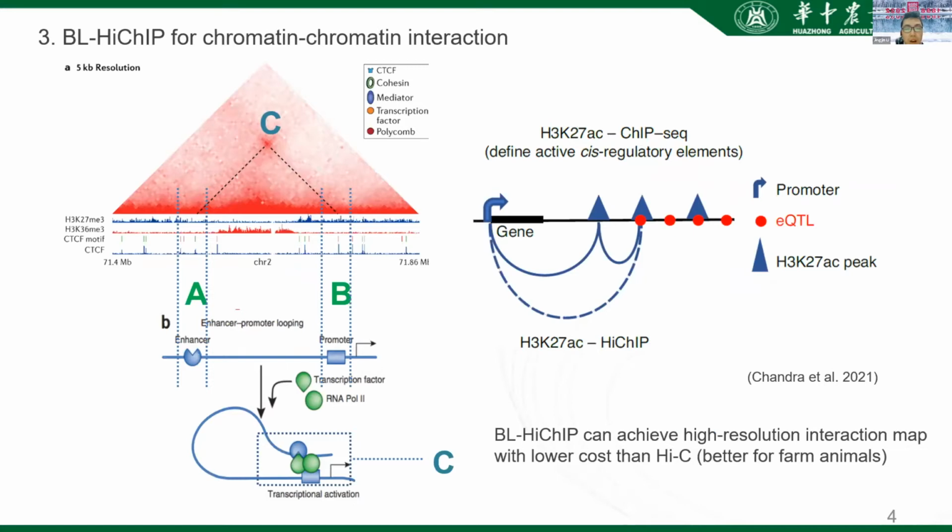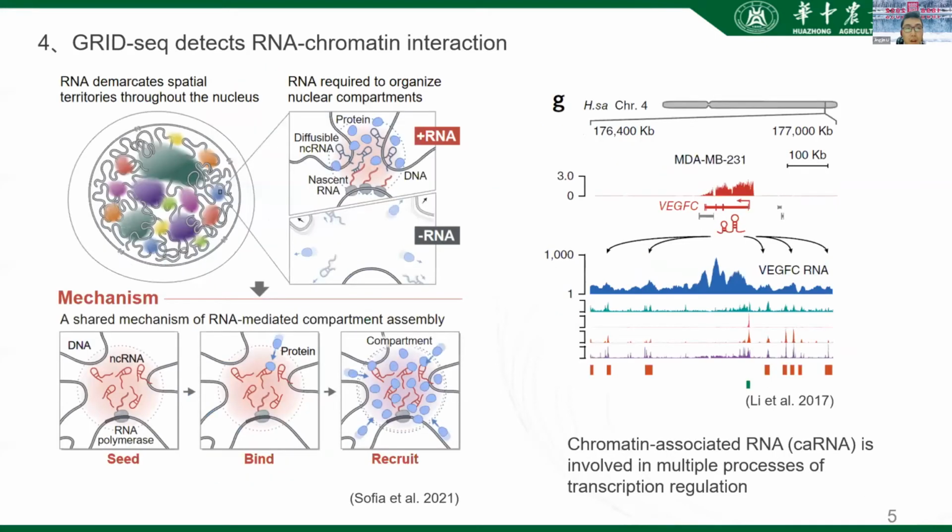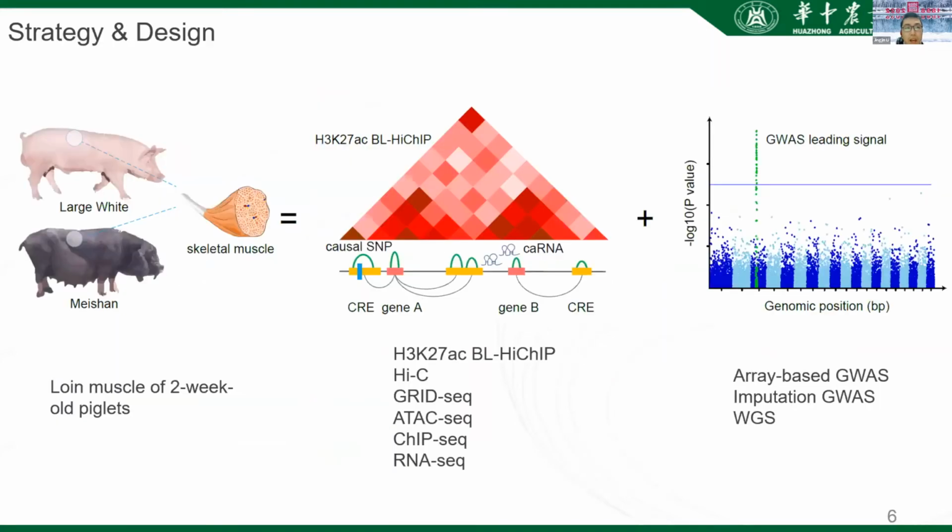Here we choose EL-HiChIP to achieve this goal because through the enriched strategy, we can get a high resolution and lower cost than Hi-C, which is better for farm animals. And here we also add GRID-seq to detect RNA-chromatin interaction because RNA is involved in multiple processes of transcription regulation. And here is our overall strategy and design.